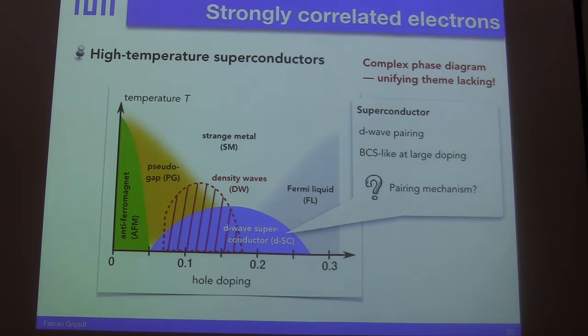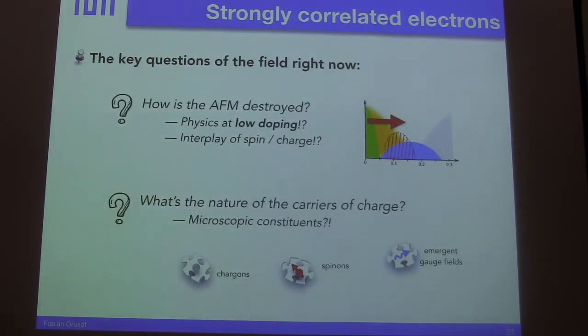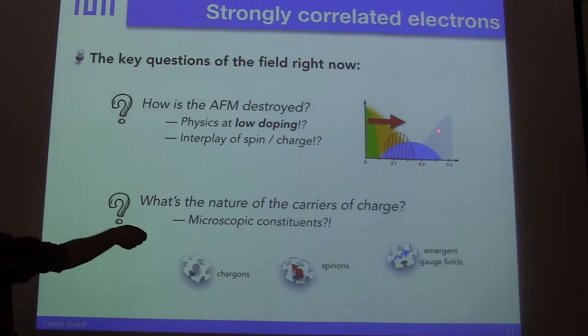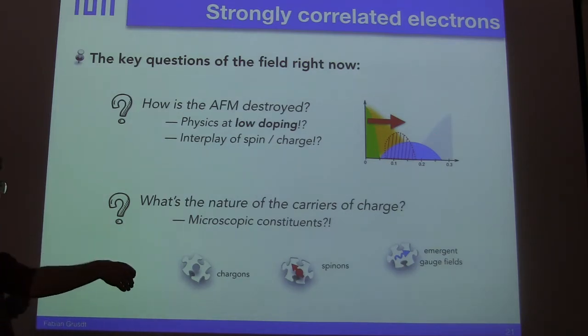Okay, so this is the overview of the phase diagram. I think the key open question in the field right now is how we can understand the destruction of antiferromagnetism at low doping. This is really poorly understood. There's no well understood field theory, and it's also basically unknown how long it is really important to have antiferromagnetism.